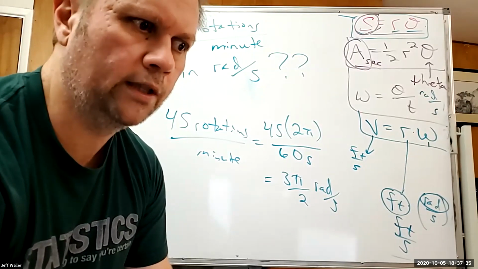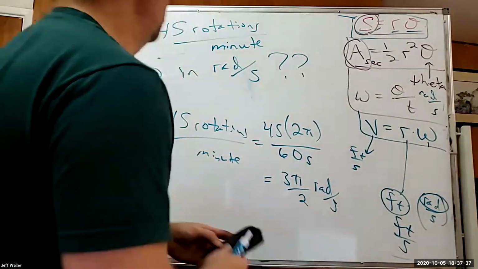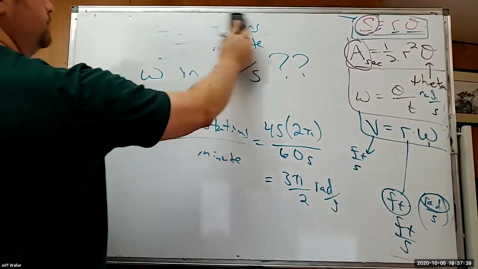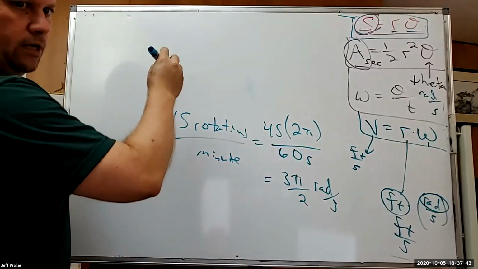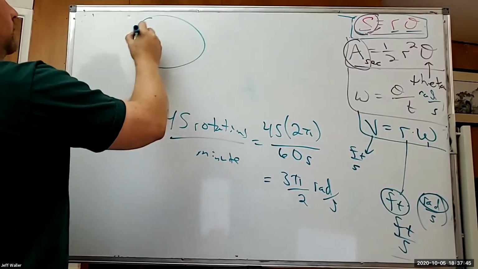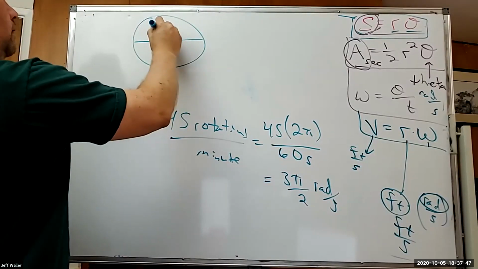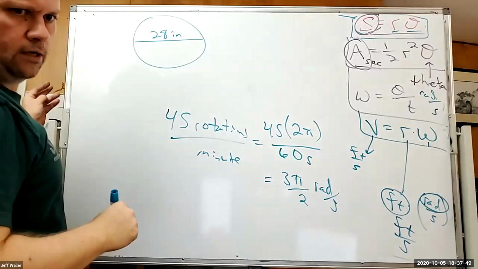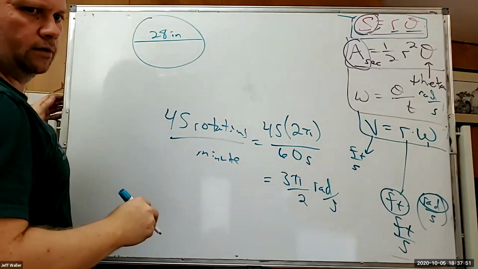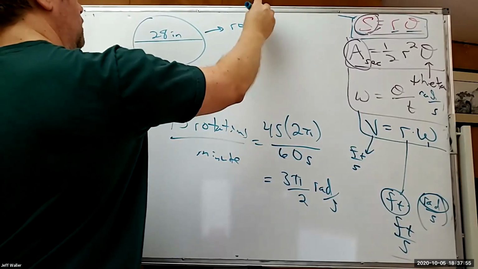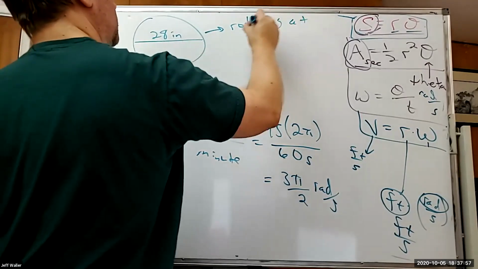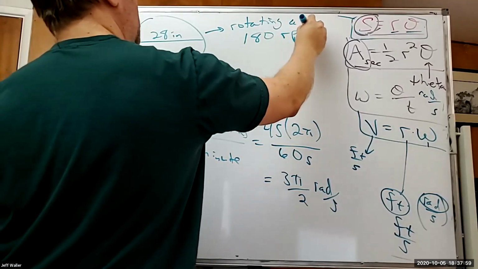All right, so one last one, and then I'll call it a day for all of us. Now I've got a bicycle wheel, and it's 20 inches in diameter. A tachometer determines the wheel is rotating at 180 RPM.